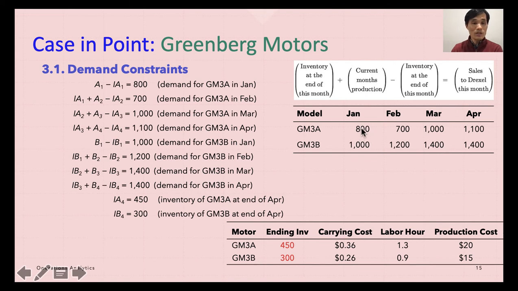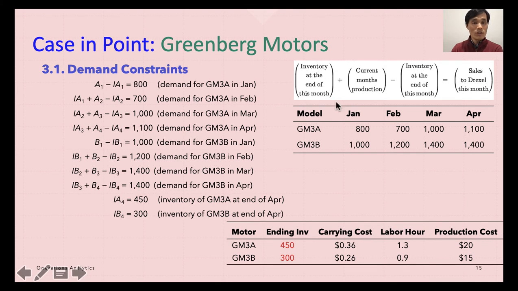So this number, for example, 800 in January, has to be equal to current month production, which is A1, and the remaining inventory at the end of the month, that's IA1, right? So A1 minus IA1 is going to be 800.